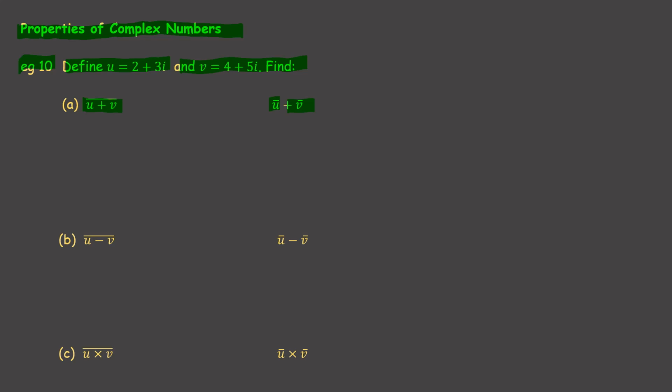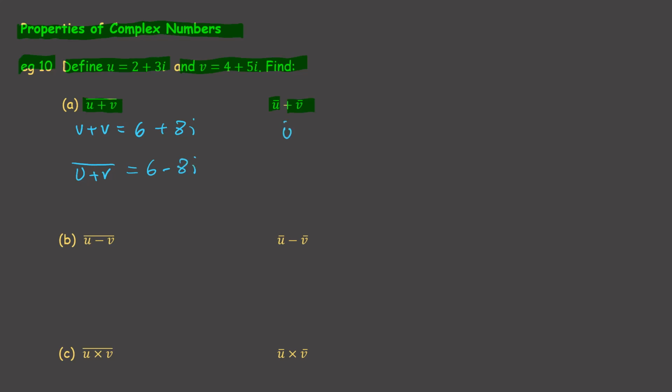So if we do u plus v, that's going to give me 6 plus 8i. The conjugate of that then is 6 minus 8i.